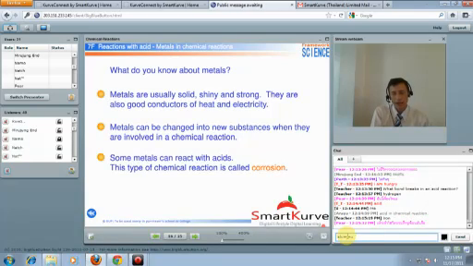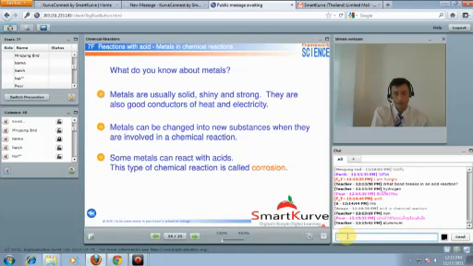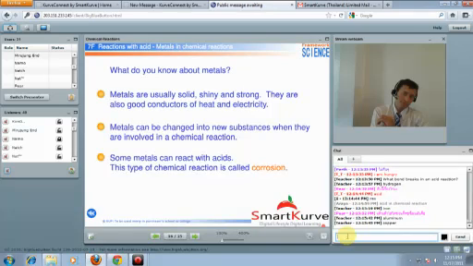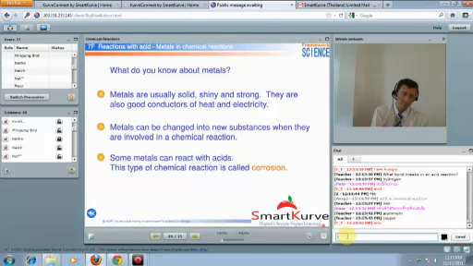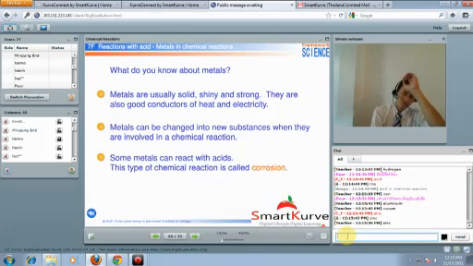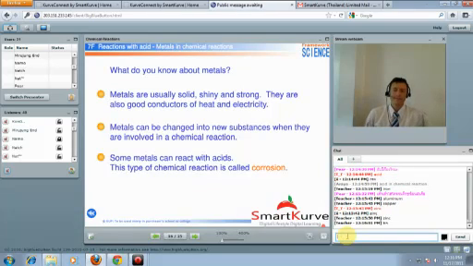We've got, how about aluminum? Or copper? Zinc. Somebody beat me to it. Good. Zinc. Iron, copper, zinc, aluminum. Tin. All right. Good. You know what a metal is.